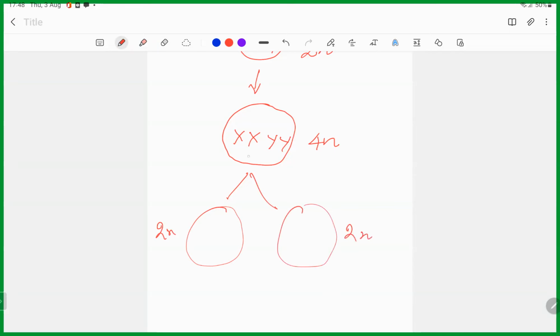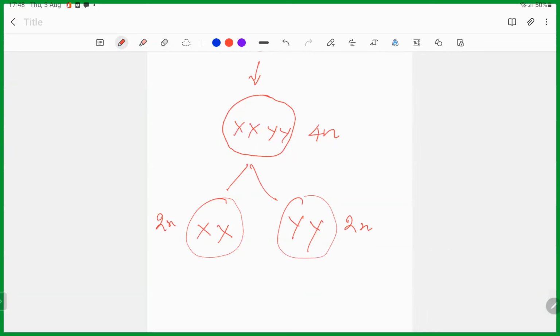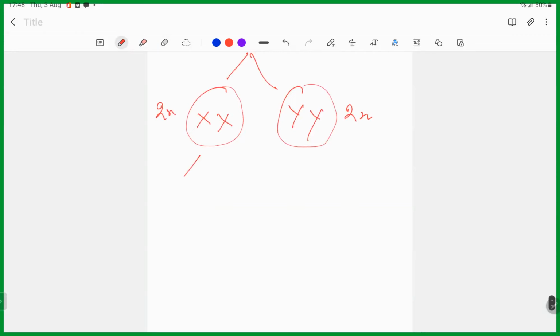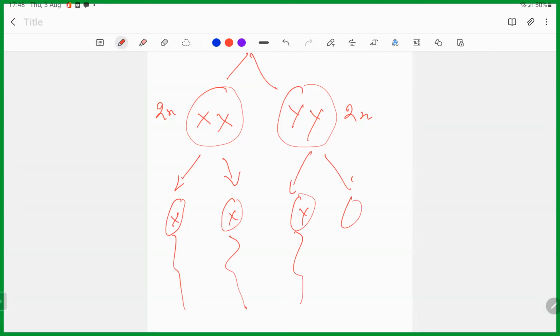2N means either you can say XX or they are separated YY, okay, and then this separated into sperm cells, one sperm cell with X, another sperm cell with X, one sperm cell with Y, another sperm cell with Y. So how many types of gametes?